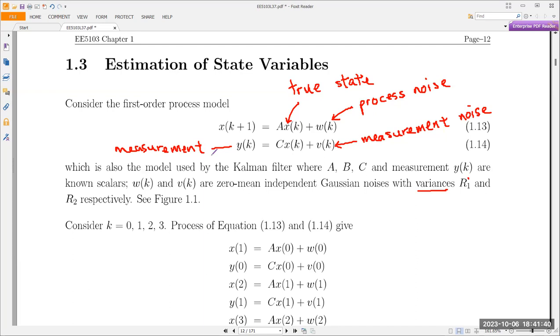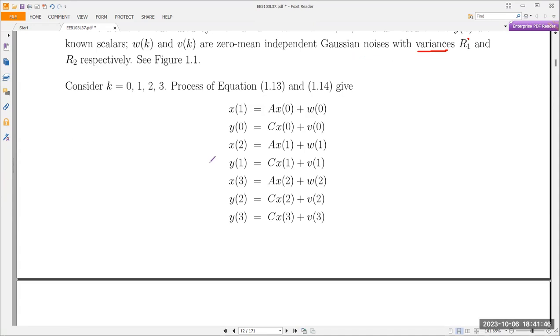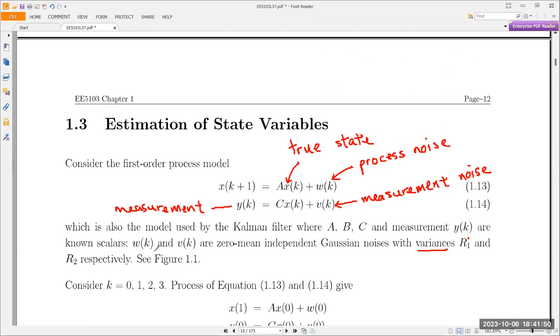Let me find a space to write things. Let's discuss the process model. Since it's called process noise, the true state. And assuming A is 1, C is 1, so life is very easy.